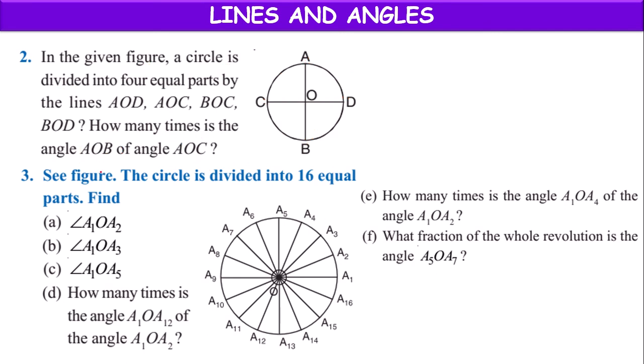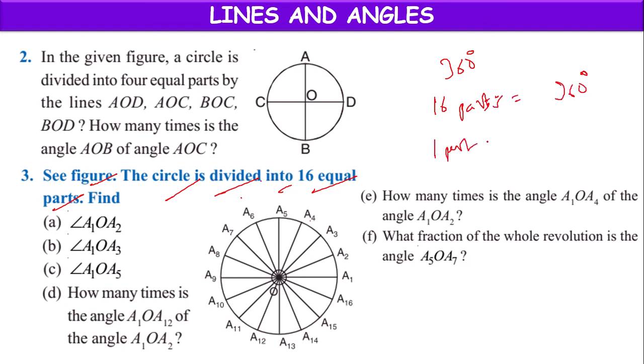Next. See the figure. The circle is divided into 16 equal parts. Then find the values. Total value is equal to 360 degrees, and the circle is divided into 16 parts. 16 parts equal 360 degrees.